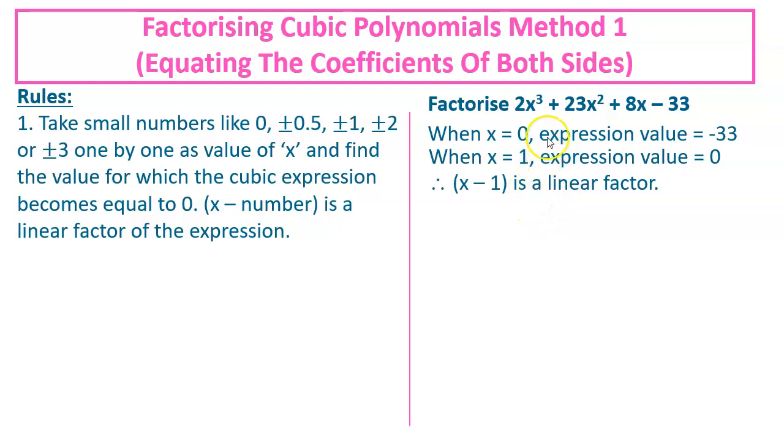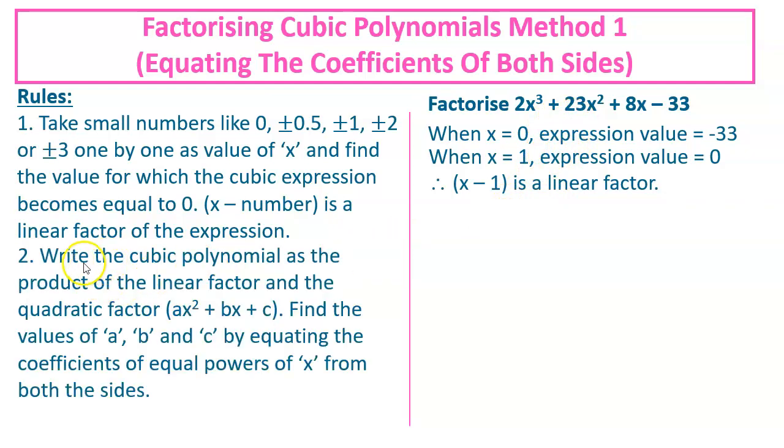Sorry. Now what do? Rule number 2 states, write the cubic polynomial as the product of the linear factor and the quadratic factor. We do not know what the quadratic factor is, but since it is a quadratic factor, we can write it as ax squared plus bx plus c, where a, b and c are real numbers because we are dealing with real numbers.